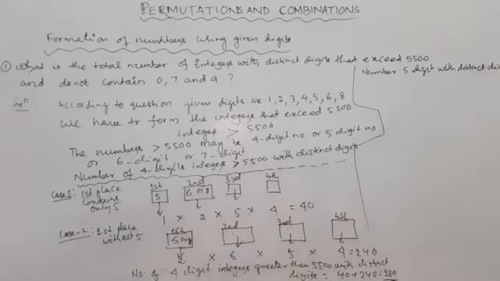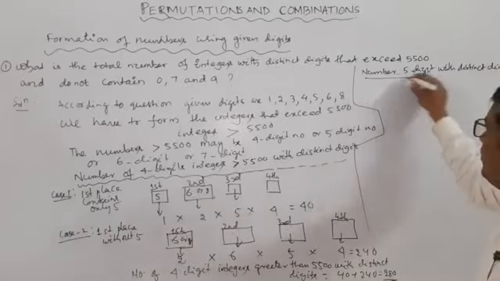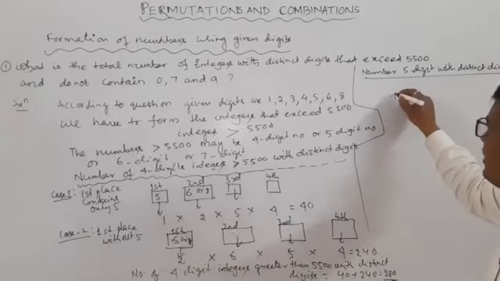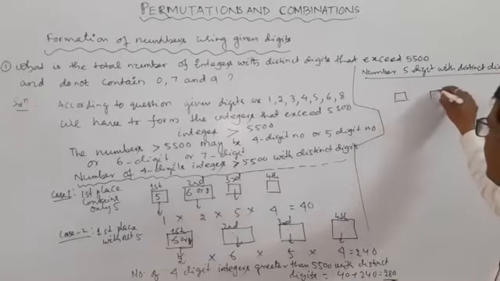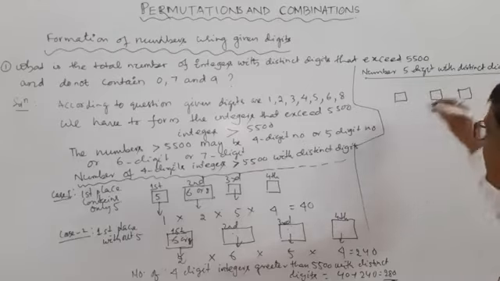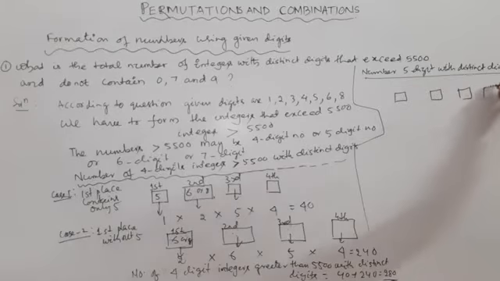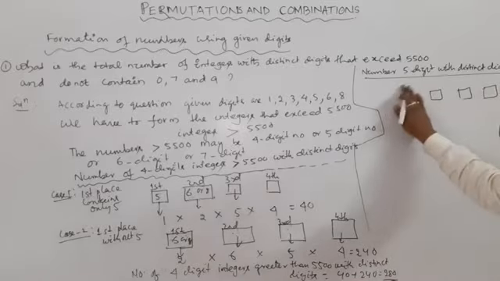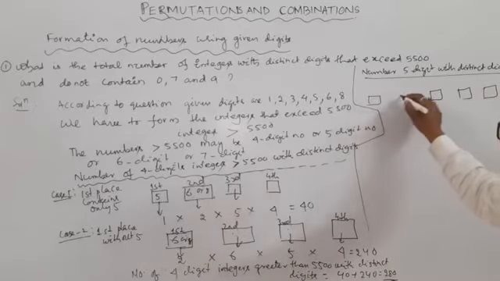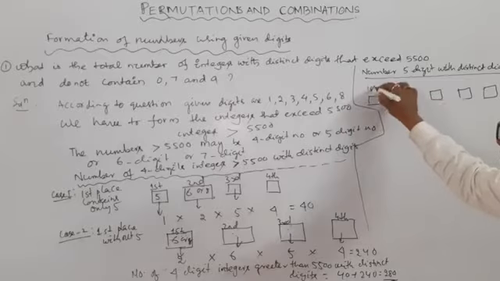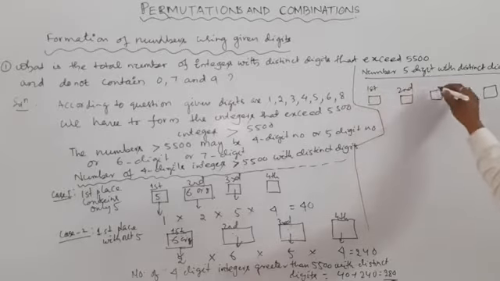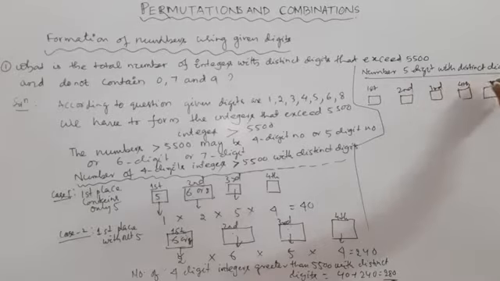A 5 digit number contains 5 places, and all 5 digit numbers are greater than 5500 because 5500 is a 4 digit number. Got it? This is the first place, second, third, fourth, and fifth.